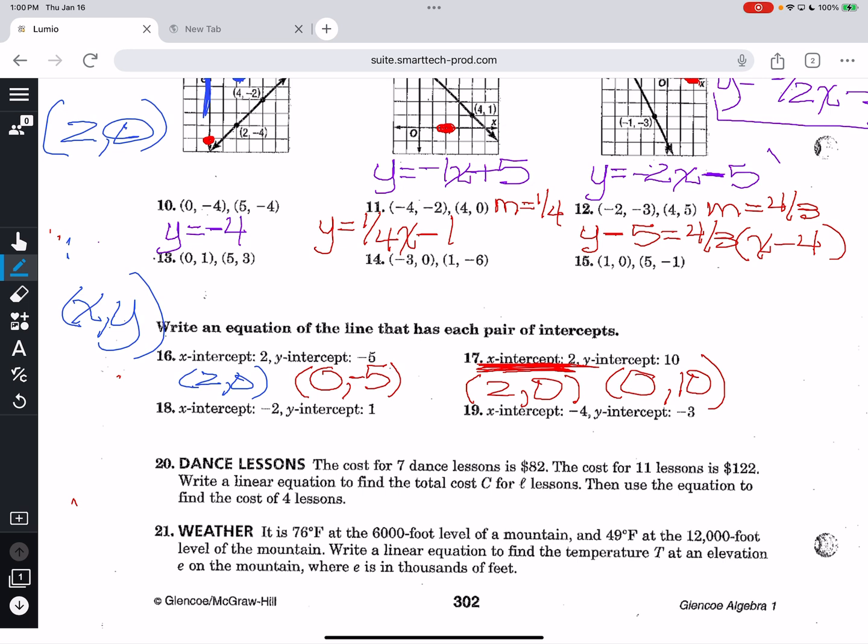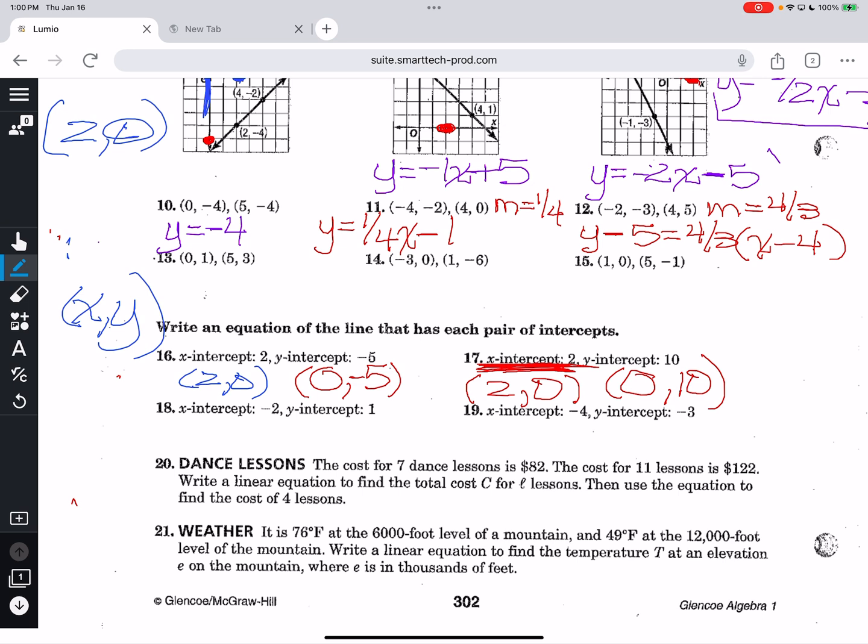You have 2, 0 and 0, negative 5. What would our slope be? Not what is the equation, what is the slope?